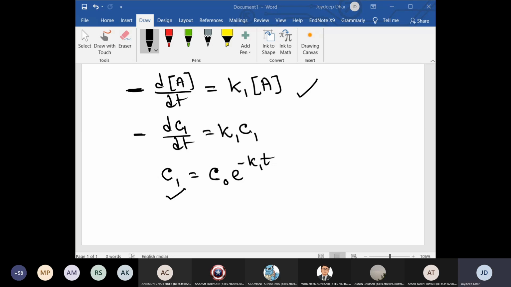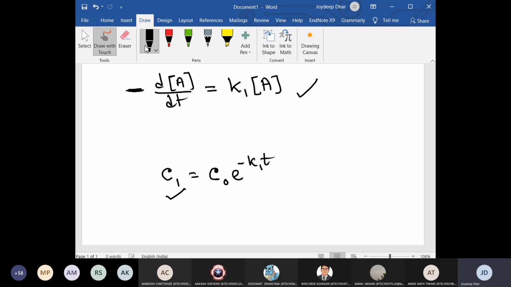Now I can get the concentration of B. So this one I will just erase. Each component, you should know at a particular time how much will remain.